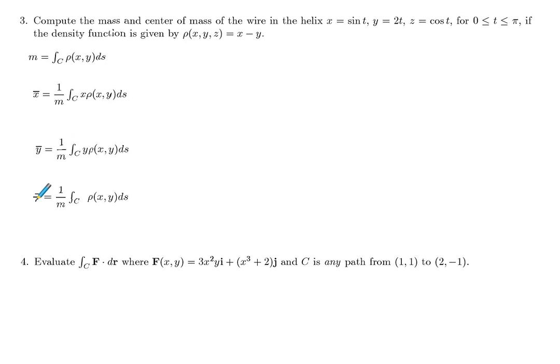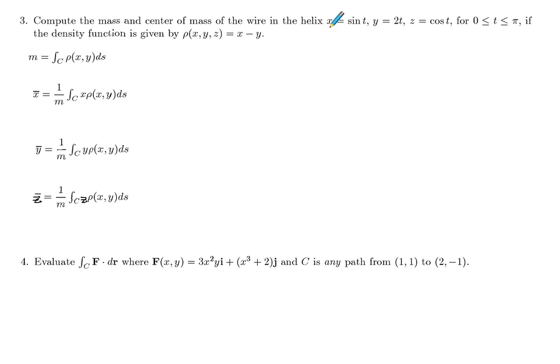So then z bar is going to be 1 over mass integral of z times rho. And in this problem, I'm really most concerned with setup here. So if you can get these set up okay, if you feel good with the mass integral, and then you can get the rest of them set up, and we know the method that we need to use to integrate, then we're okay.